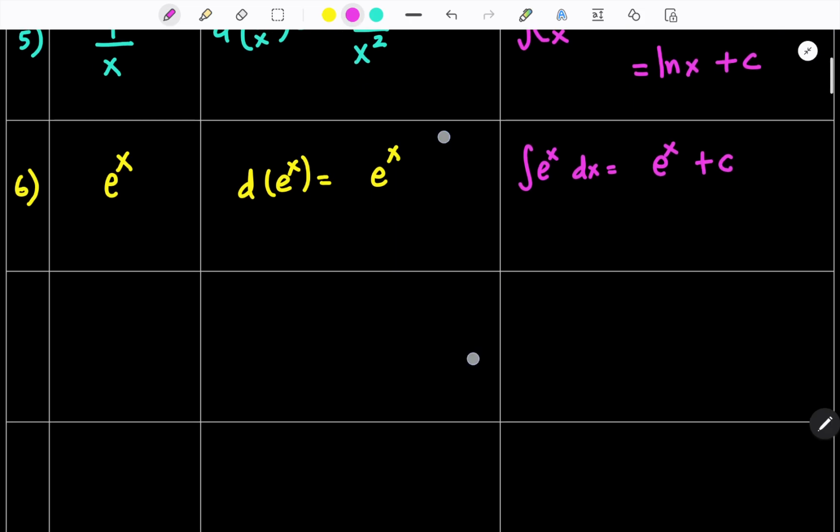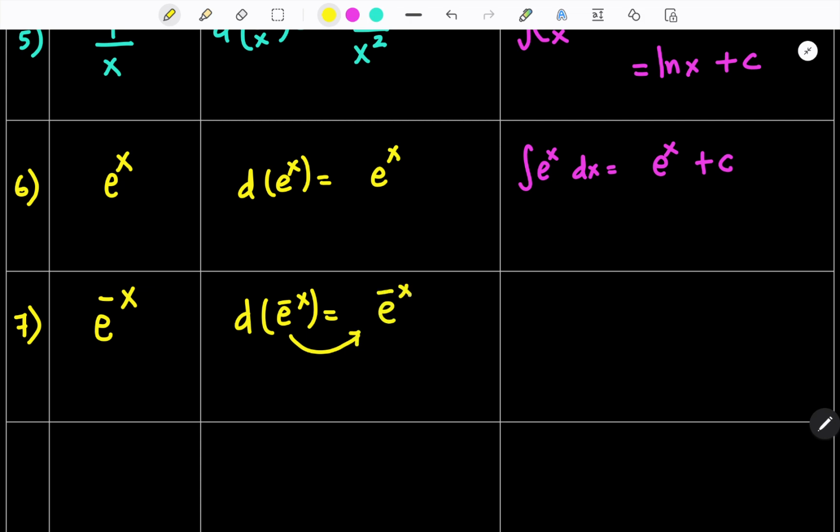Let's go to the next rule. I'll give you some examples. Take e power minus x. What is the derivative of e power minus x? It is e power minus x, and after that, the derivative of minus x, which is minus 1. Here you are multiplying, so in the integral, you are going to divide.